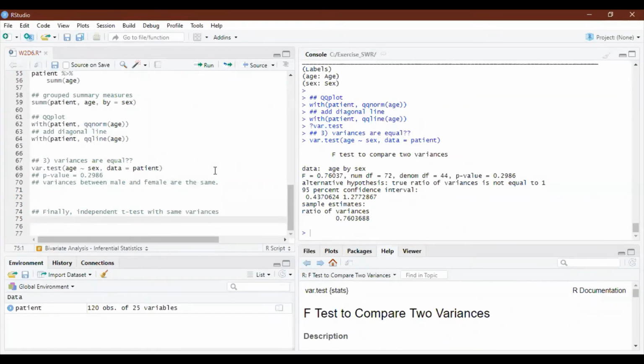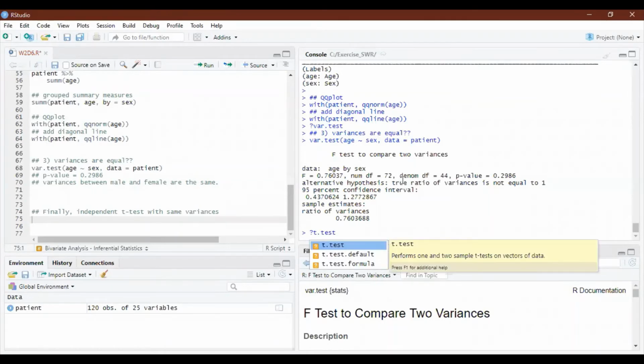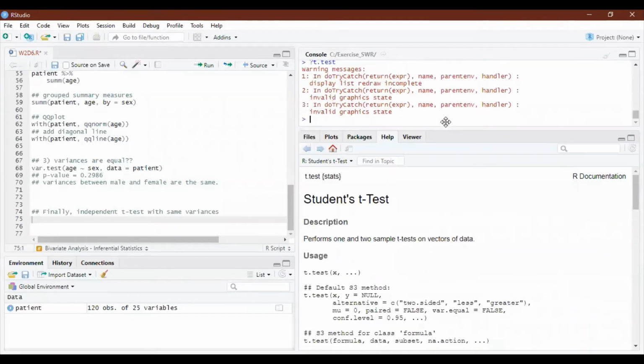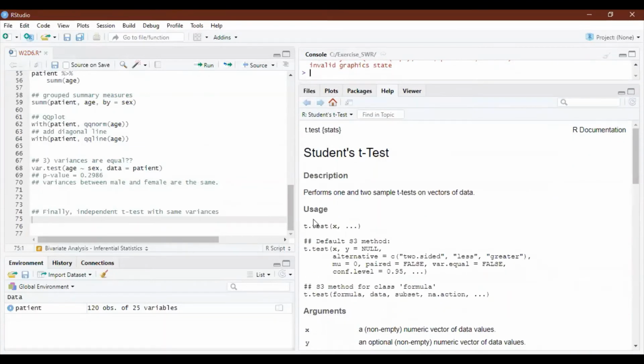Okay, so let's look at the t-test. What is the function for the t-test? This comes from base R, not from the Amstat package. Let's look at the Student t-test. We can use this because there is a data argument with a formula, so we do not have to use the with function.